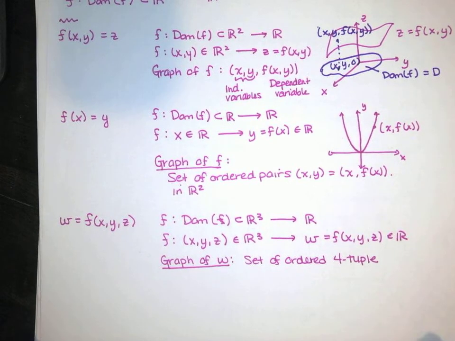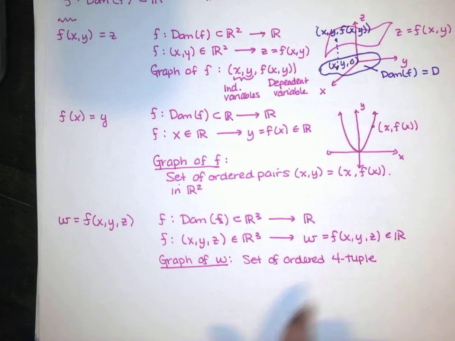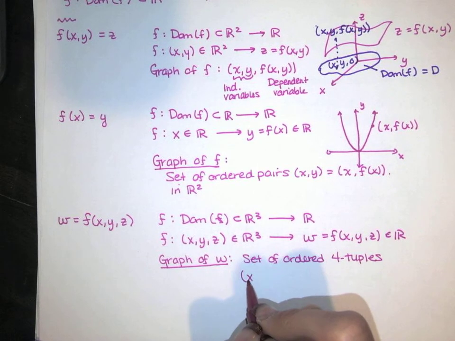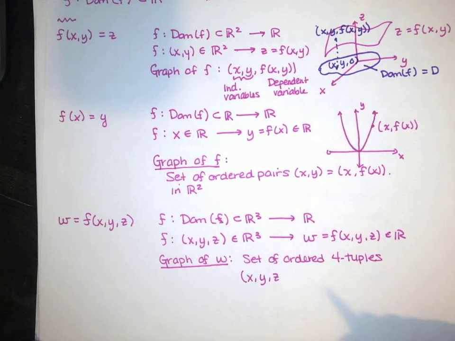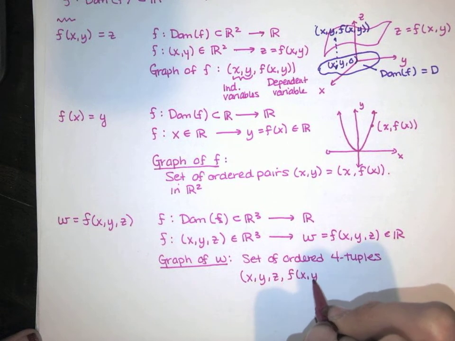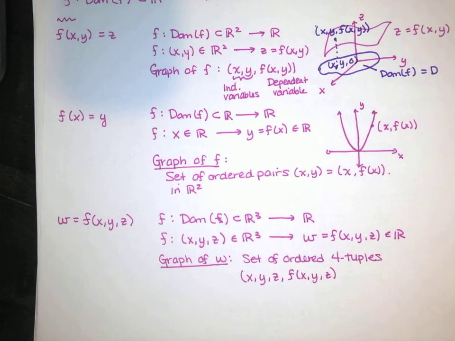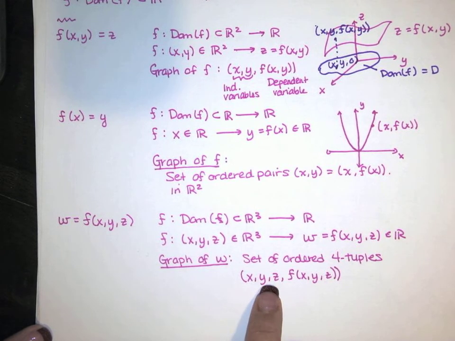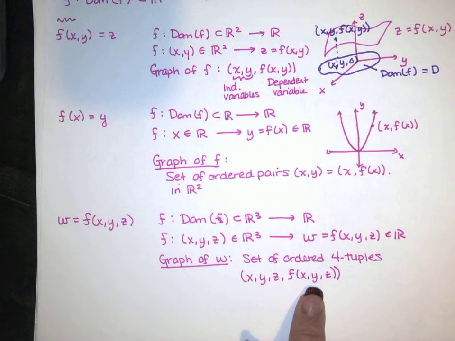If you want, you can email me or talk to me after class about what that should really be called. But we're going to have x, y, and z, and then w equals f of x, y, z. So I've got 1 coordinate for each of my independent variables, and then I add 1 more for my dependent variable.